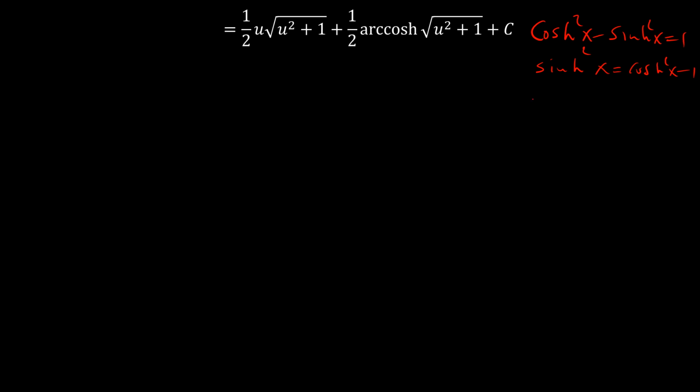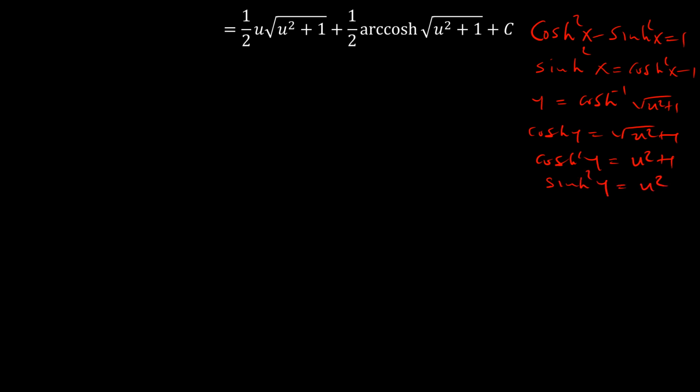And so if we have y to be equal to cosh, square root of u squared plus 1, that means that cosh y is equal to the square root of u squared plus 1, and so cosh squared y is equal to u squared plus 1, and so sinh squared y is equal to u squared, and therefore y is equal to arcsinh of u.